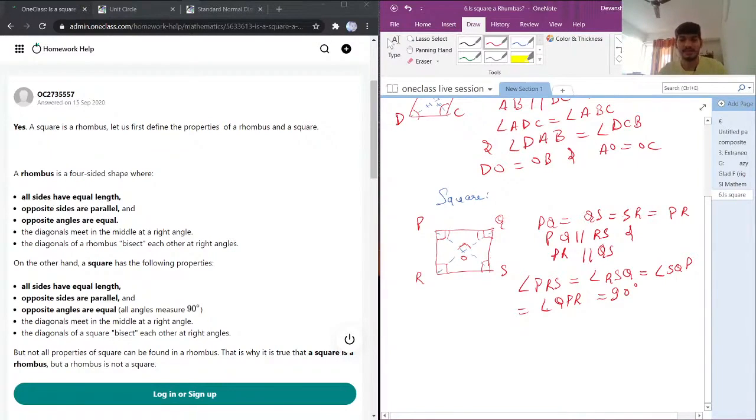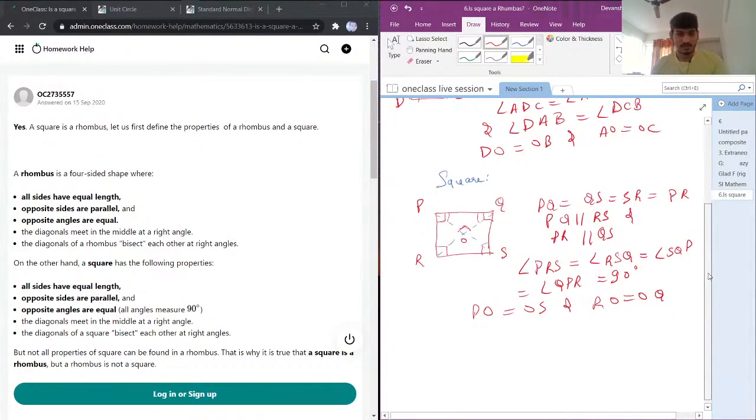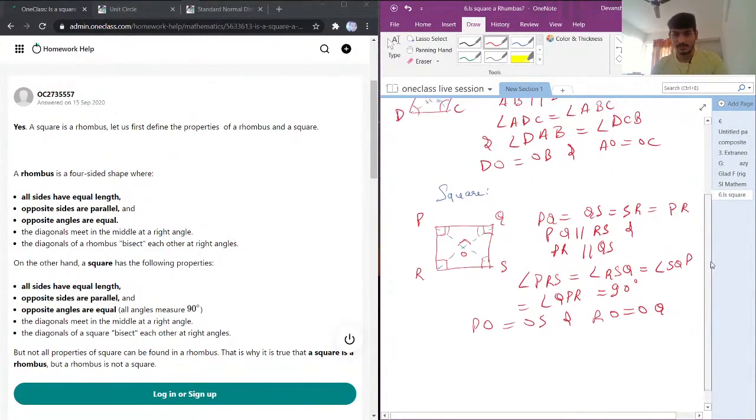So this is a right angle triangle. Diagonals bisect each other, so PO equals OS and RO equals OQ. So these are pretty much all the properties for the square.